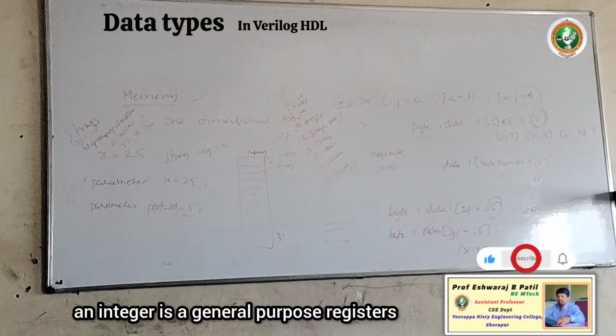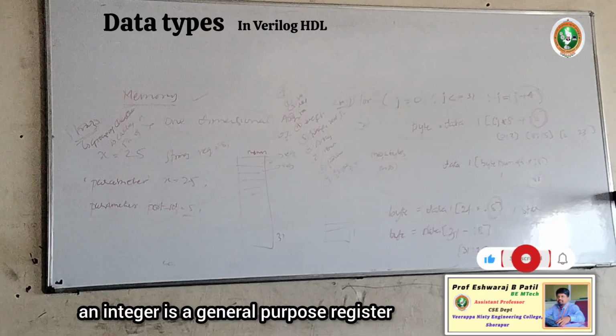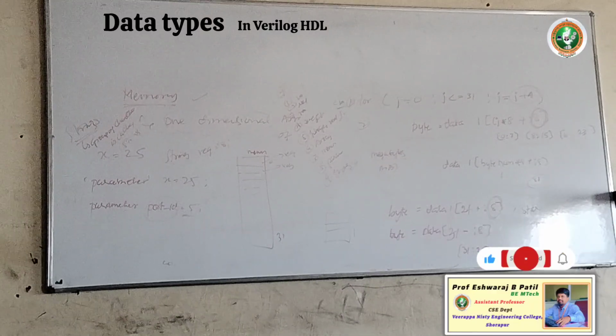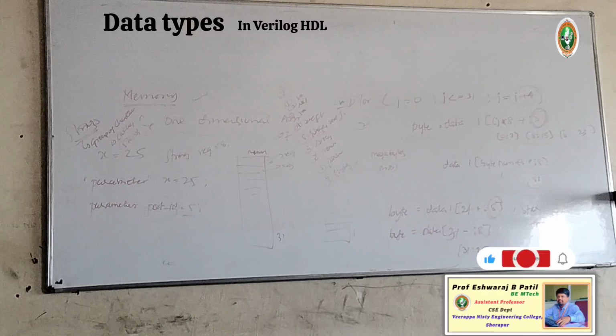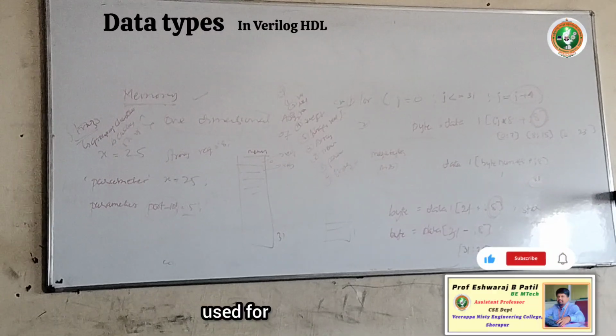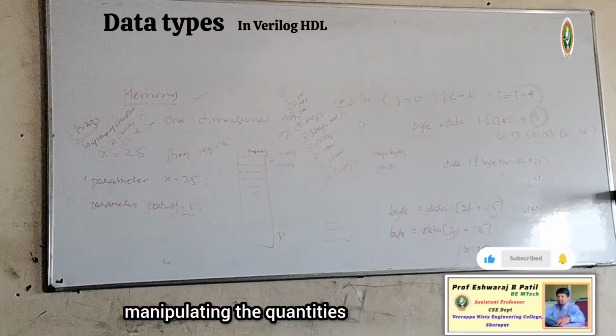Integers. An integer is a general purpose register data type used for manipulating the quantities.